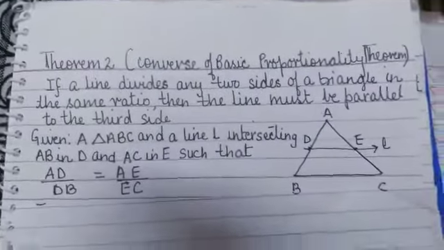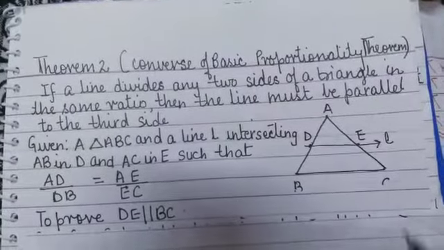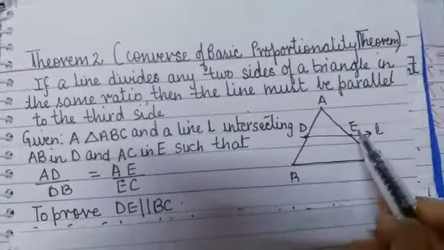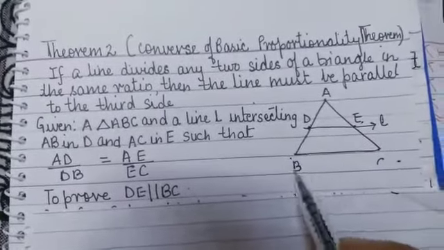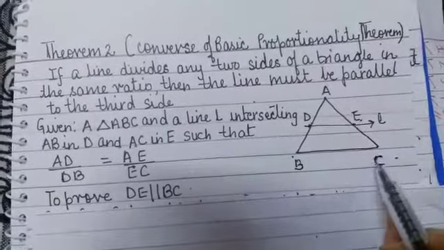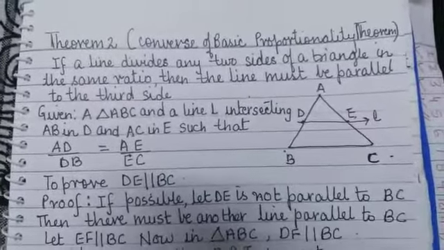Now it is given to us, right? And what do we have to prove? We have to prove that DE is parallel to BC. Clear? So let's start the proof.